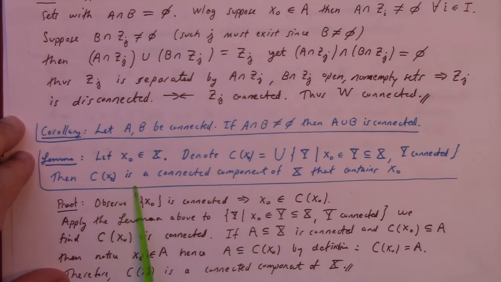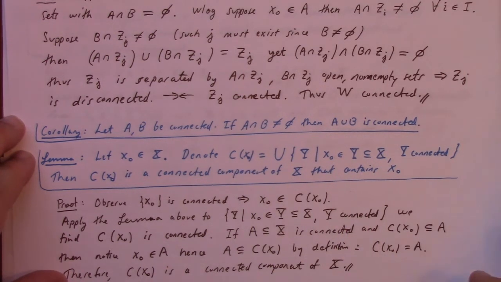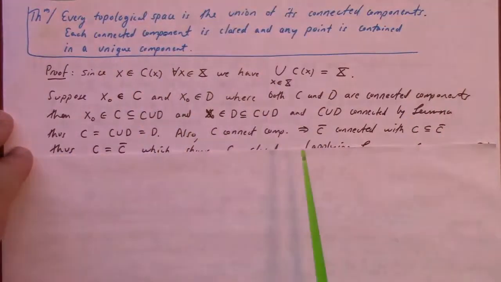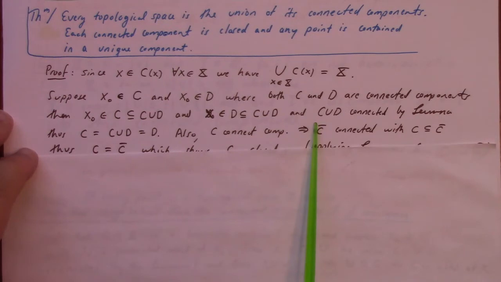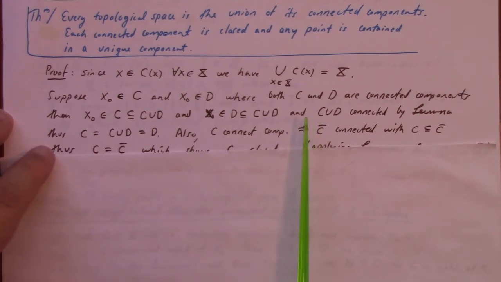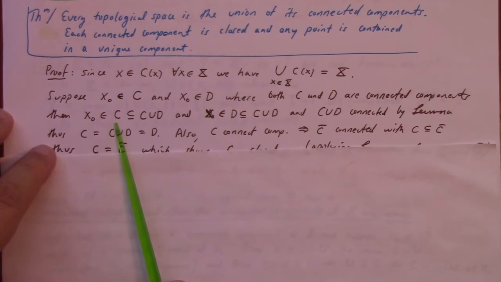C of x naught is a connected component of x that contains x naught. It's formed by the union of all connected subsets containing x naught. All right. And so, I guess C has to be a subset of C of x naught.